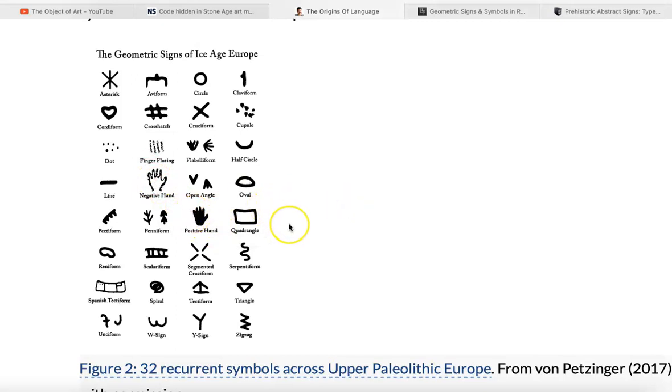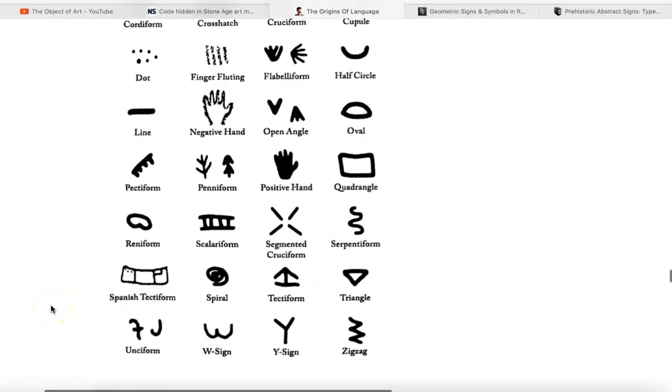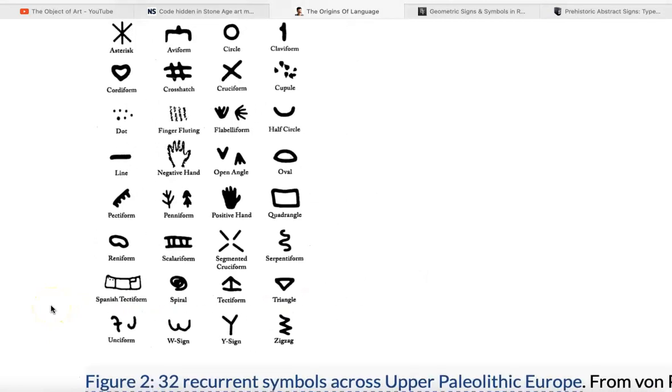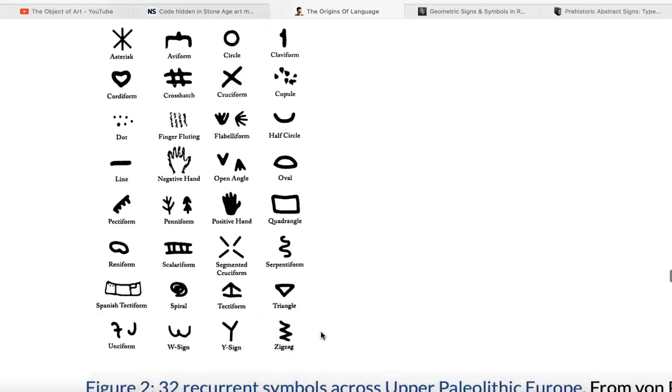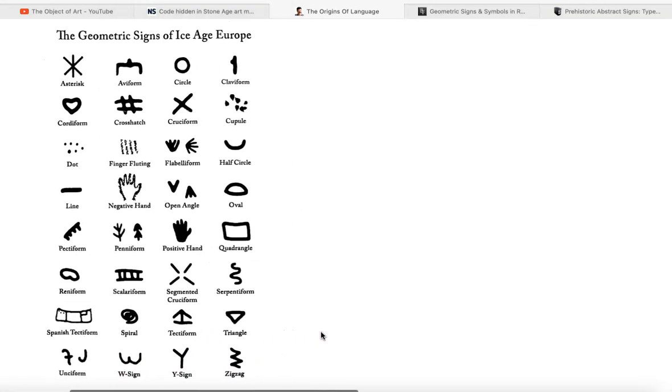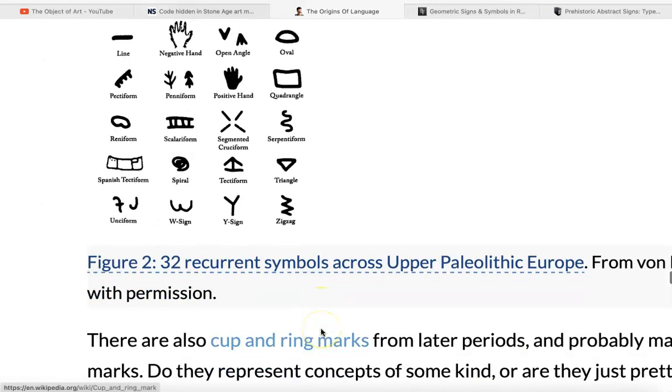There's quadrangle, reniform, scalariform, segmented cruciform, serpentiform, Spanish tectiform, spiral, triangle, unciform, W sign, Y sign, and zigzag. Lord, so there's 32 of them that they've, I guess, counted and cataloged and whatever.